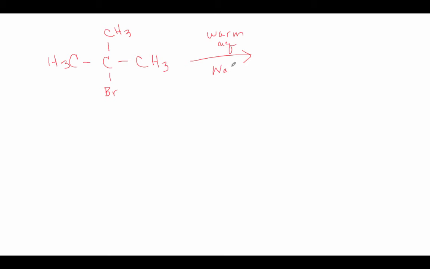Contrasting this to the reaction that occurs if I have the tertiary halogenoalkane. If I put this in warm aqueous sodium hydroxide, the first thing that's going to happen is this pair of electrons is going to go to the bromide. I'm going to end up with the carbocation that shows stability because of the inductive effects of these alkyl groups donating electrons to stabilize that carbocation.